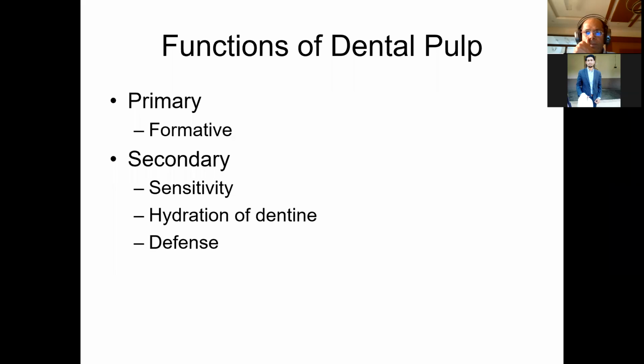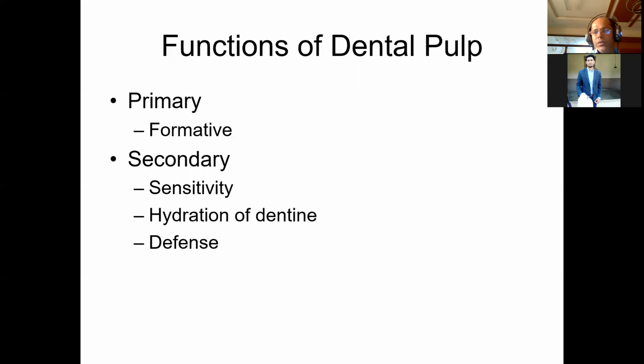Hydration of dentine is because of the fluid present in the dentinal tubules, which is actually tissue fluid provided by the pulp into the dentinal tubules. That makes the dentine hydrated and moist. Pulpal defense is also a function. When there is any disease involving the tooth structure, even involving enamel and dentine, mostly caries, as you know, the defense is initiated in terms of more dentine formation, and that is your tertiary dentine or reparative dentine.